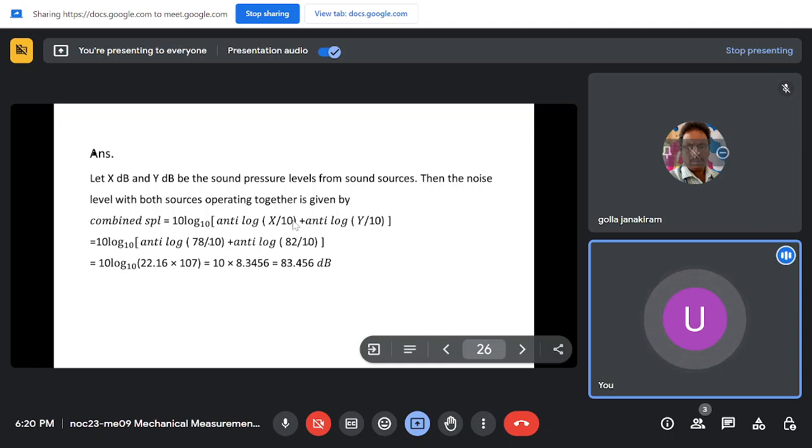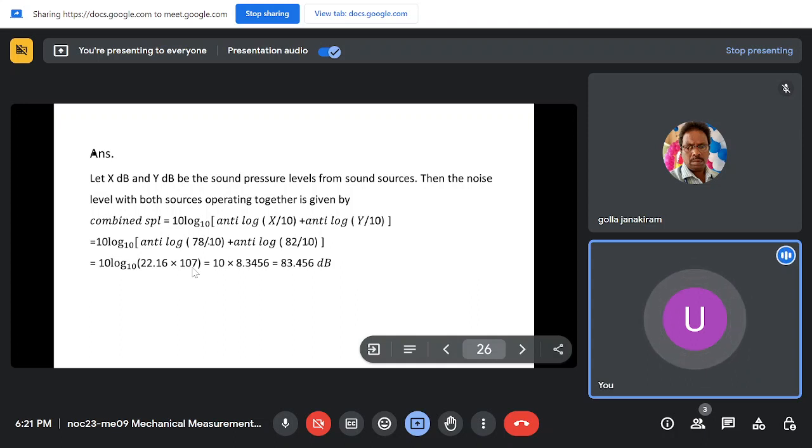If you substitute x as 79 and y as 82 for the two machines, then you get 10 log 10 of the total, which is 22.16 into 10 power 7. This is 10 power 7. So the answer is 10 into 8.3456, which is 83.456 decibel.